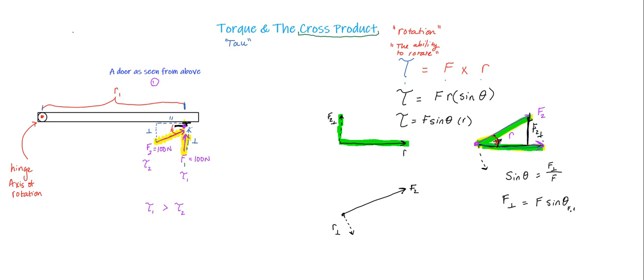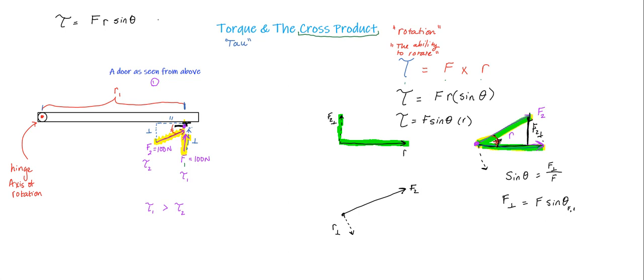So to wrap this video up, since it's a little bit longer than I usually give, we'll say that the torque is equal to, so the rotation or rotatable ability of the object is equal to how hard I push to rotate the object times where I push relative to the hinge or the axis of rotation of the object times the sine of the angle between where I push from the axis of rotation to how hard I push.